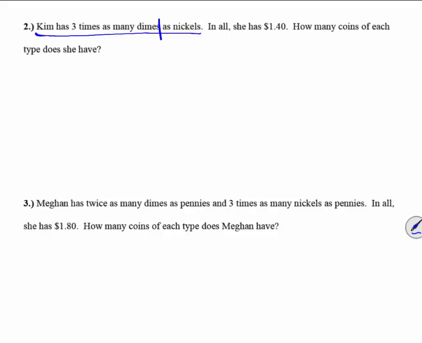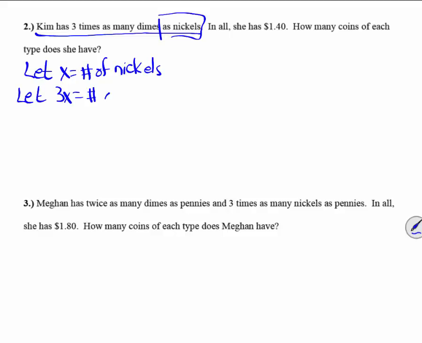Nickels come second, so let x equal the number of nickels. Three times as many dimes, so let 3x equal number of dimes. She has $1.40 total.